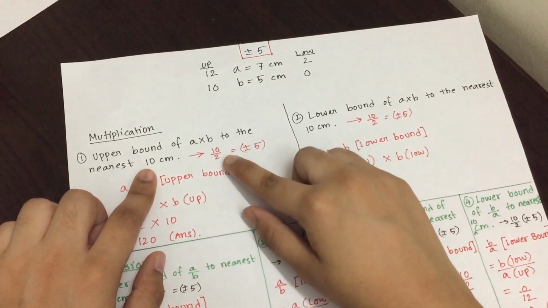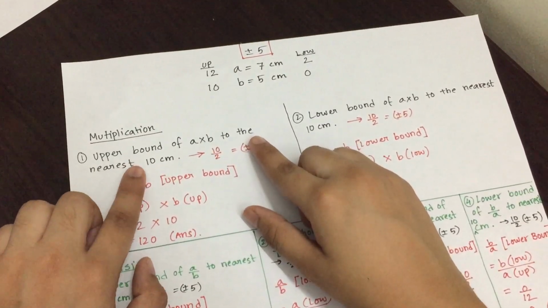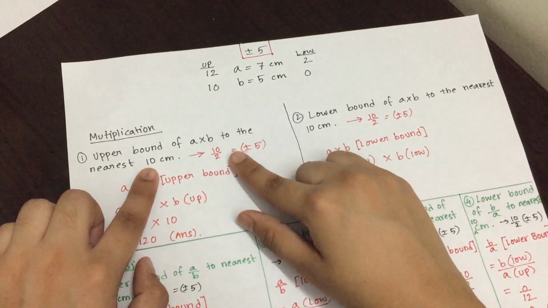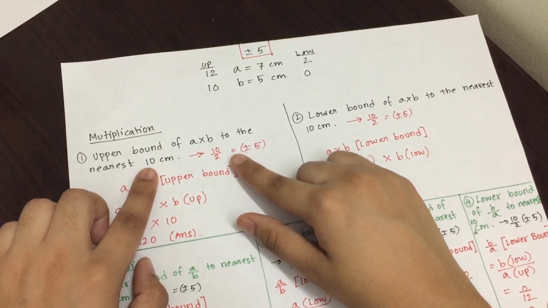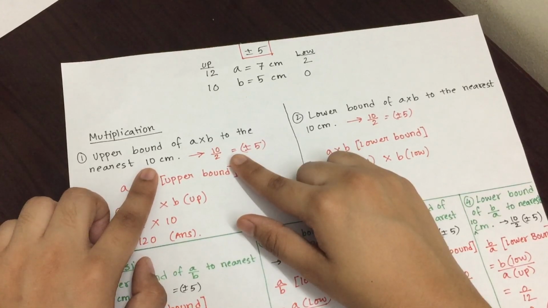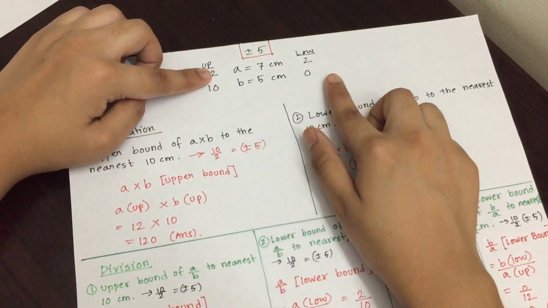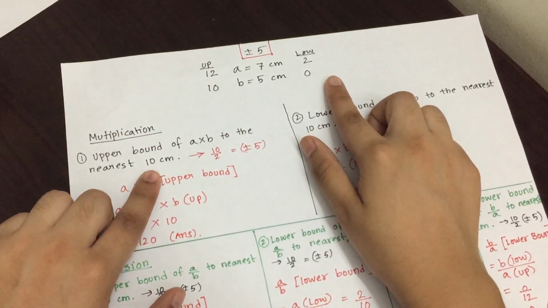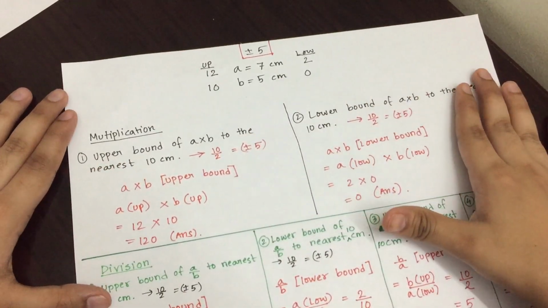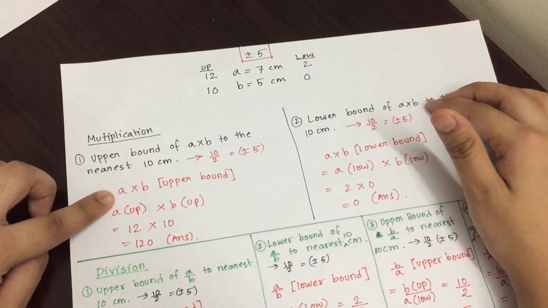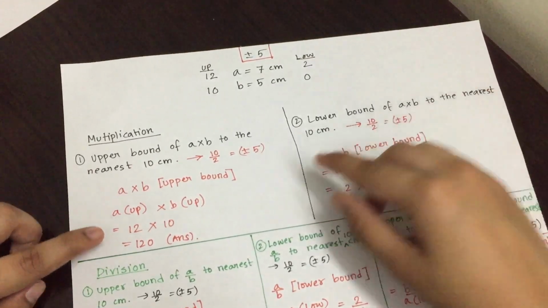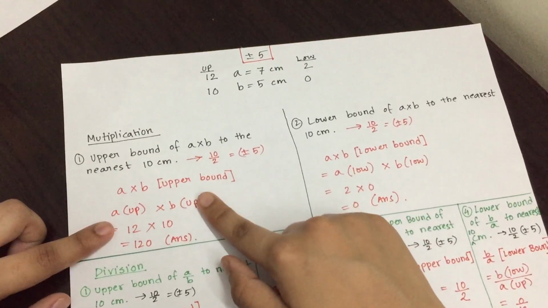So first, this is my keyword, nearest 10 centimeter. First we have to find out which number we have to add and subtract to find the upper bound and the lower bound. As you can see here, it's 10 divided by 2, which is 5. When we are finding the upper bound of A times B, we take the upper bound of both the numbers.